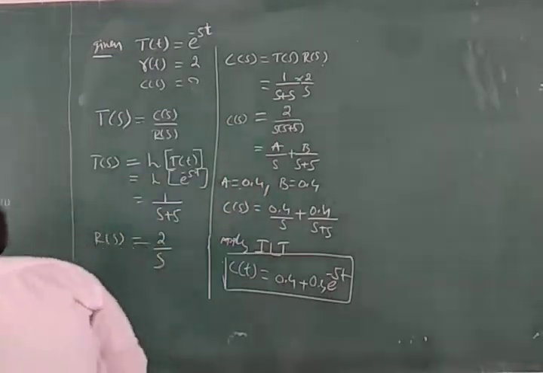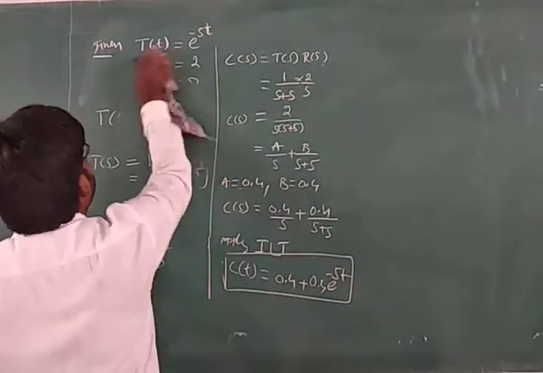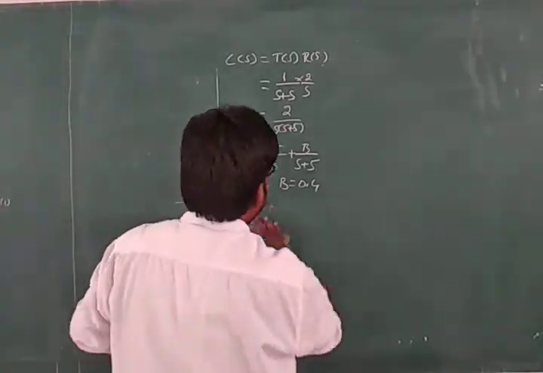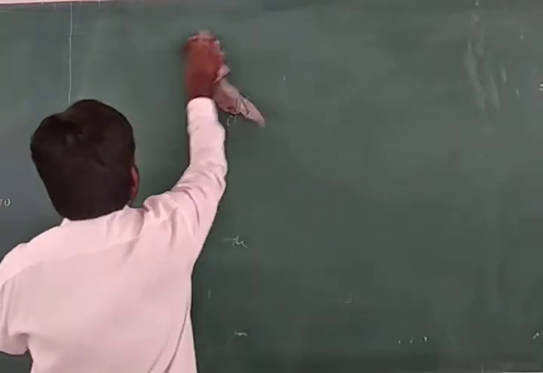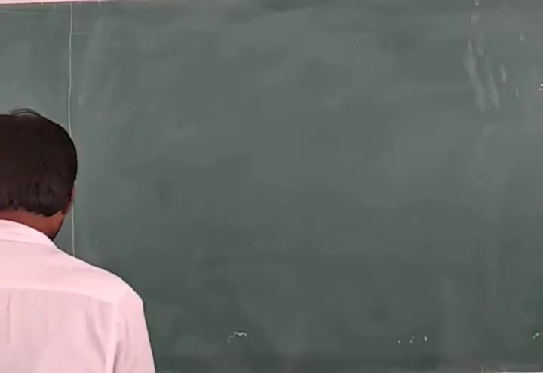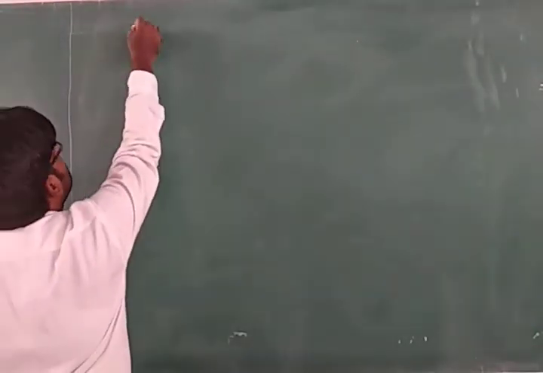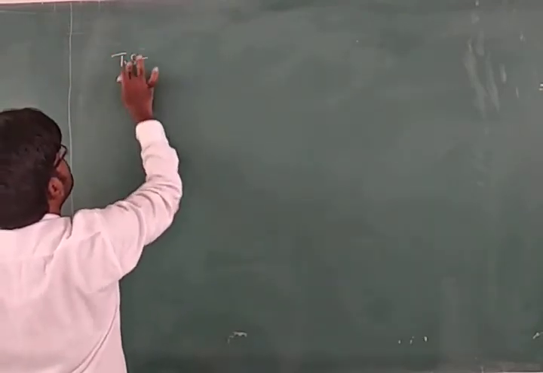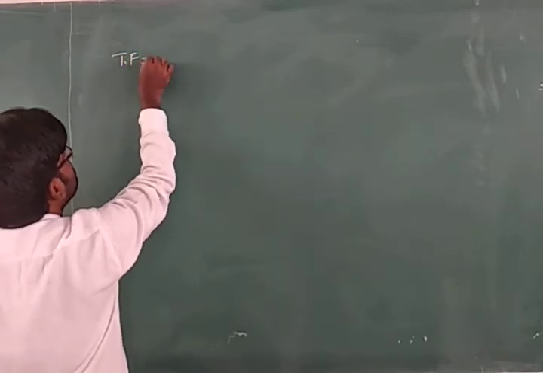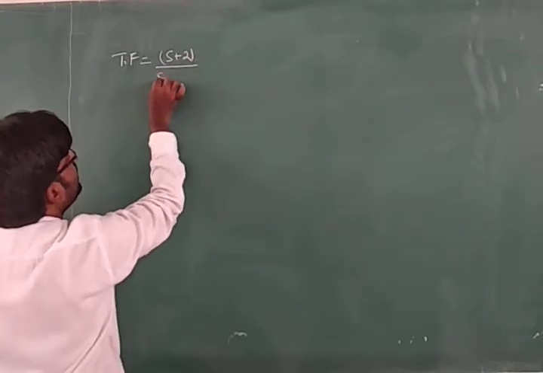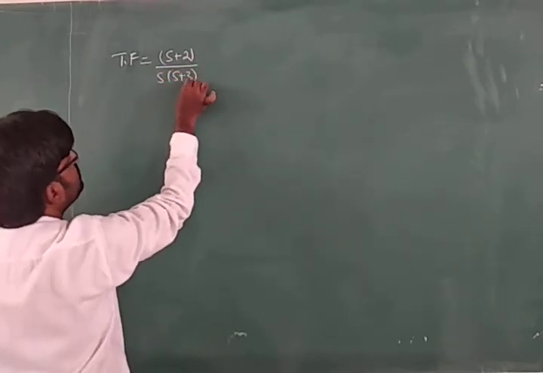So all these we will study with respect to one transfer function. We will take one transfer function equation and with reference to that, we will study these points one by one. Consider one simple equation I am writing here. Transfer function, TF, is equal to S plus 2 divided by S into S plus 3.